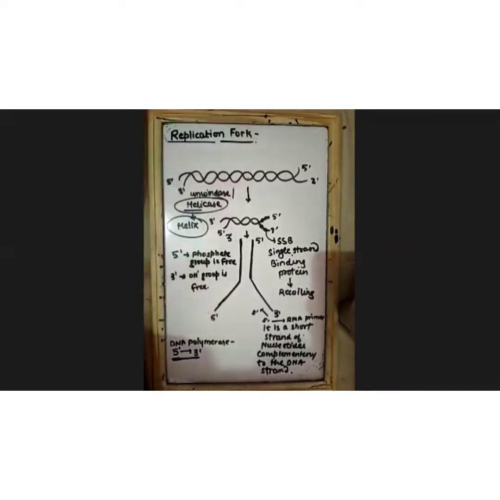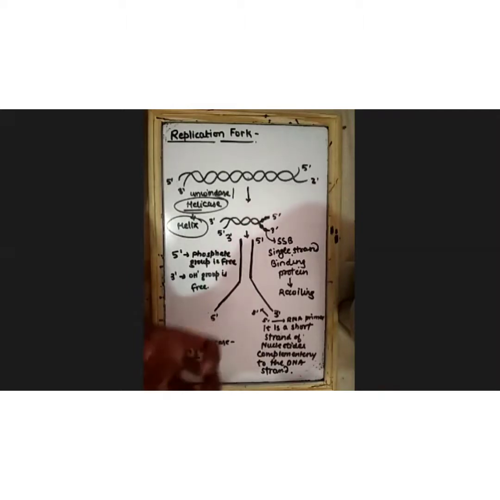Okay, so we need an RNA primer. The RNA primer is a short strand. It contains 6 to 8 or up to 20 nucleotides. Because if we want to start, we cannot stick the nucleotide directly on the strand. So to stick the nucleotide on the strand, we need a primer, and a primer is nothing but a short strand which contains up to 20 to 25 nucleotides and is complementary to the strand of the DNA.